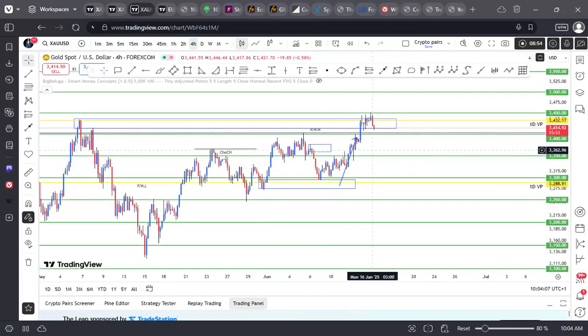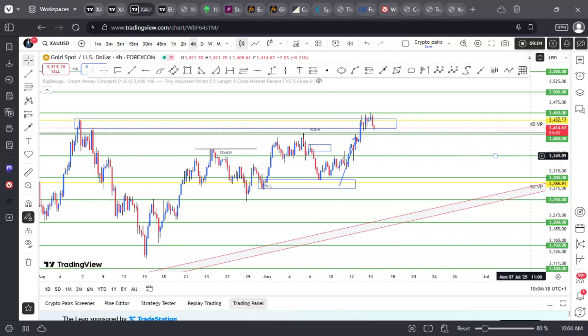This was our forecast for last week, for it to buy from this demand zone. Exactly that's what the market did. It came towards this demand zone, tapped into it a little and then pushed up. We said it's going towards the level of 3,400, and that's exactly what the market has done.